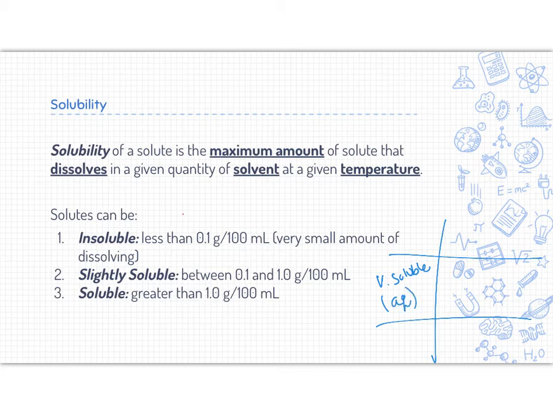And we also have slightly soluble, which means that when placed in water, those things are for the most part going to be a solid. But it does mean that although most of it is a solid at the bottom, there are a few particles that are dissolved in the solution. Not enough to make any major changes to things. However, we should note that there are a small number of those particles dissolved.